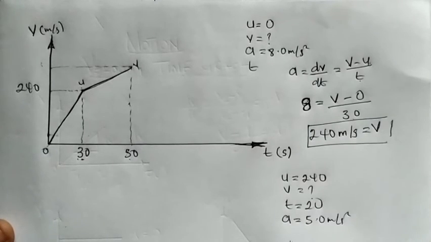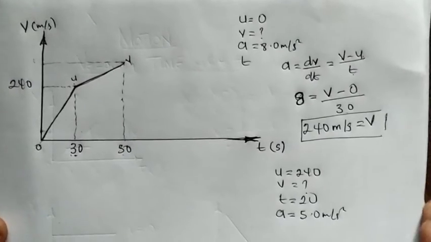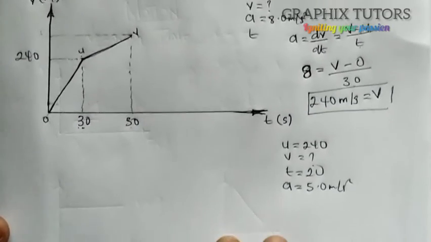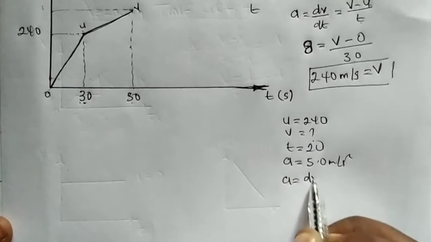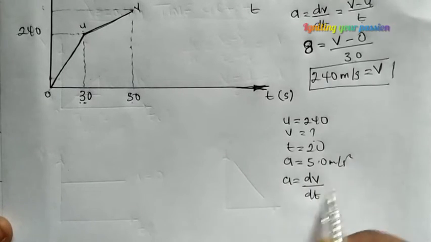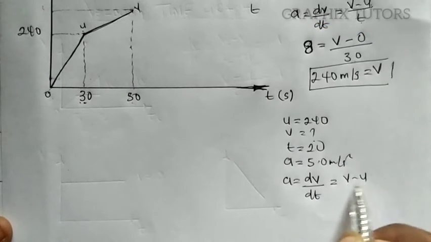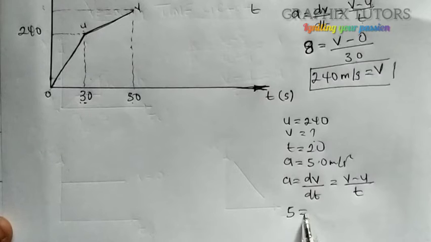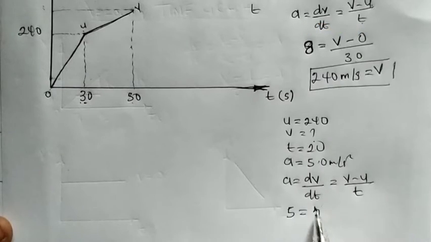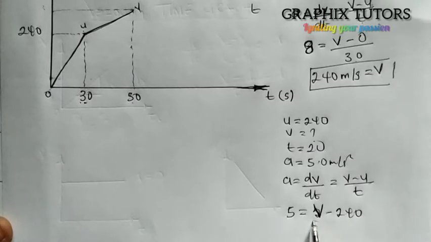So if you do the same thing by saying your acceleration, A is equal to change in V over what? The T, which will give me V minus U all over T. So acceleration is 5. The V is unknown, right? And the U is 240, all over the T, which is 20.